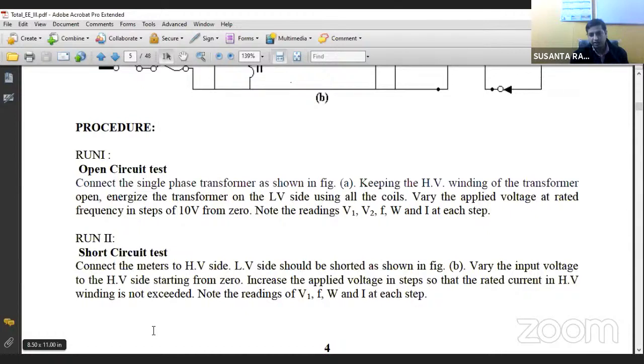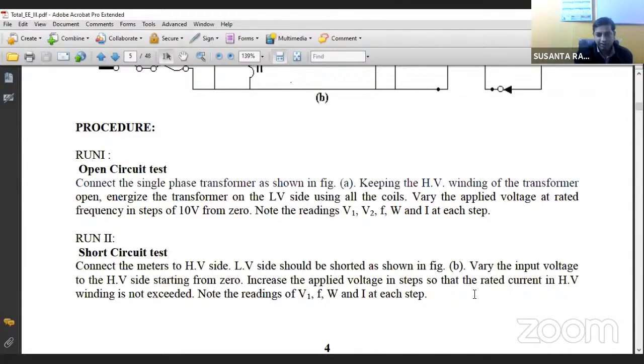And here also we'll change the current from its 0 value to the rated current value. So here we will vary the variac only, but we'll keep watch on the ammeter. Though the voltage changes as we vary the variac setting, we'll watch the ammeter reading.